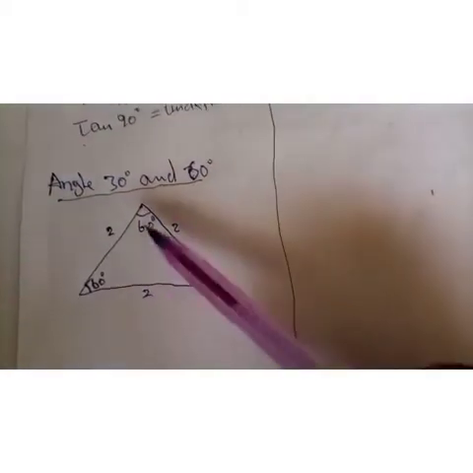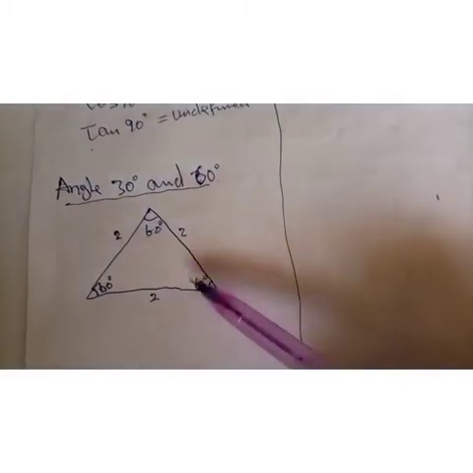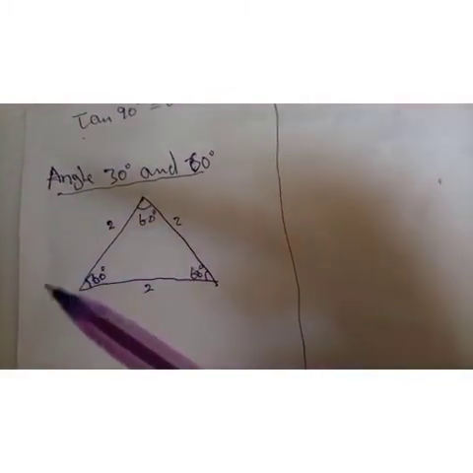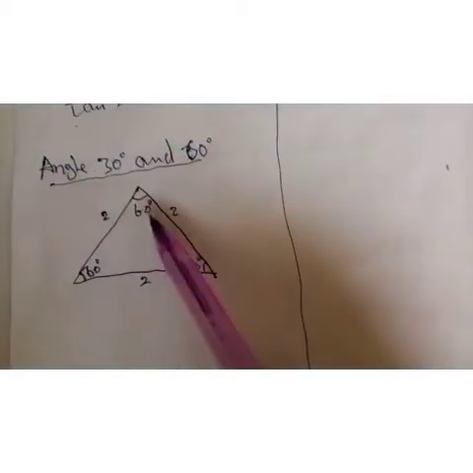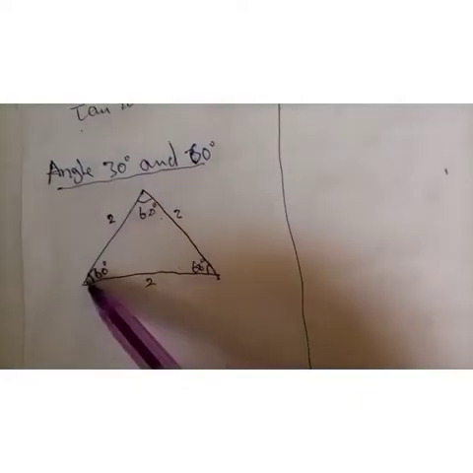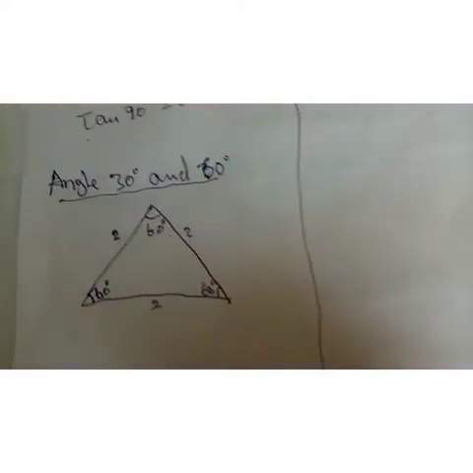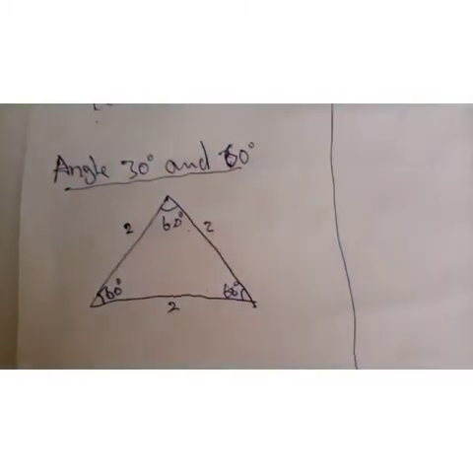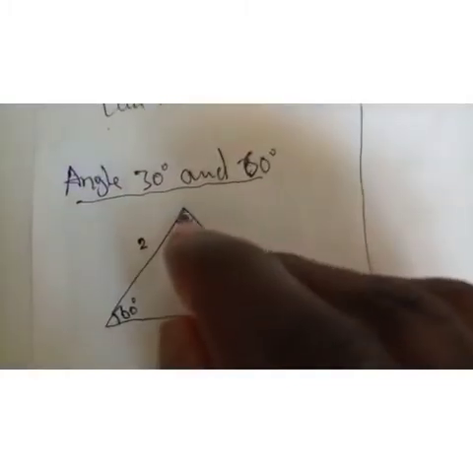The sum of the angles in a triangle is equal to 180. When you sum these, 60 plus 60 gives 120, plus 60 is 180. Okay, so from here, this angle we are going to divide into 2.